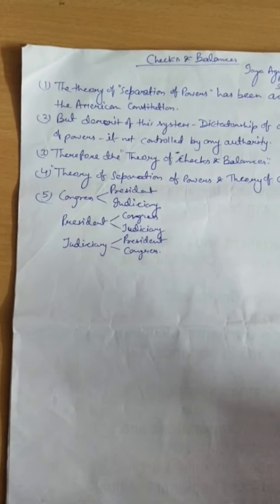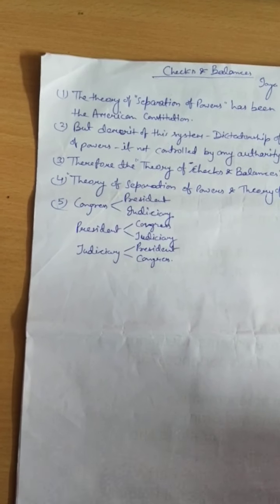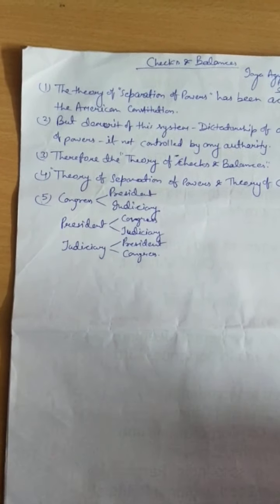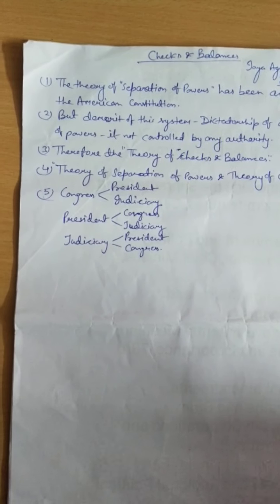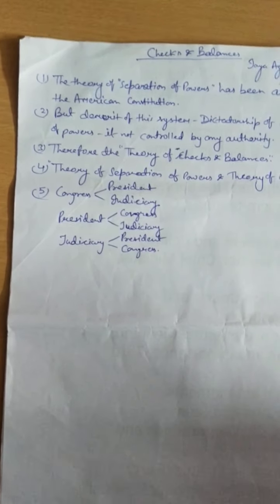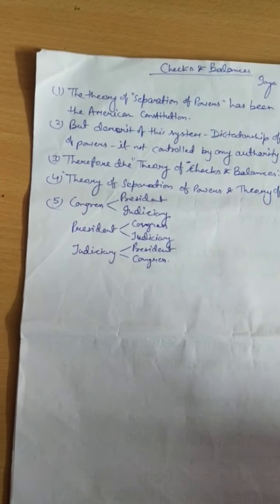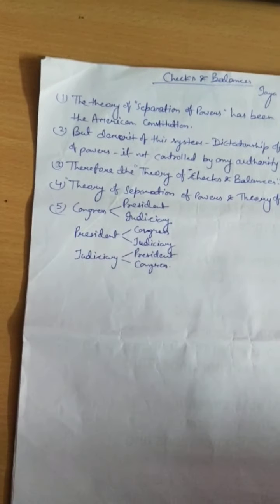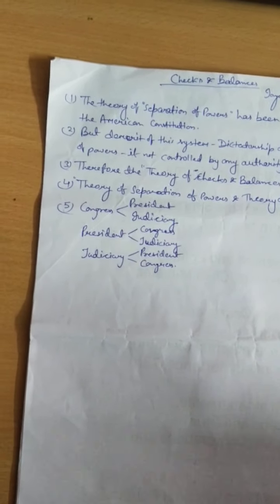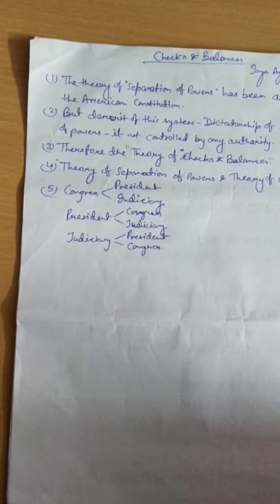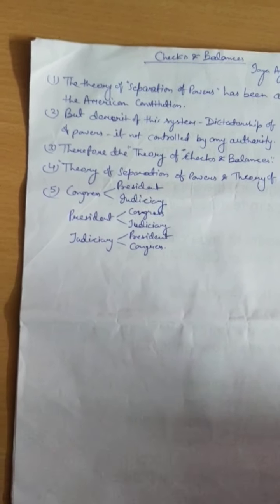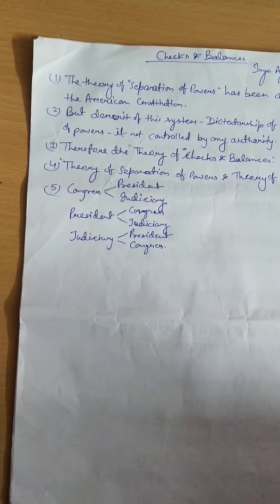So this was the reason behind the origin of this theory, and this is the reason why we need checks and balances in the American Constitution, or in any country, wherever we need some restrictions over the powers of the government.